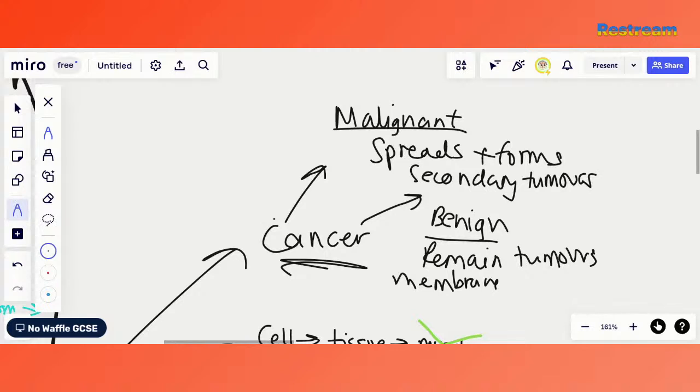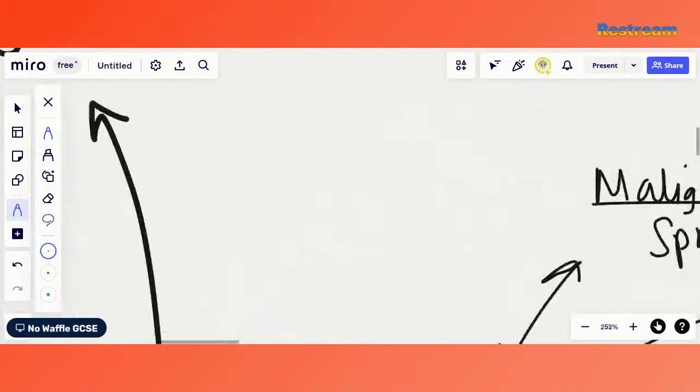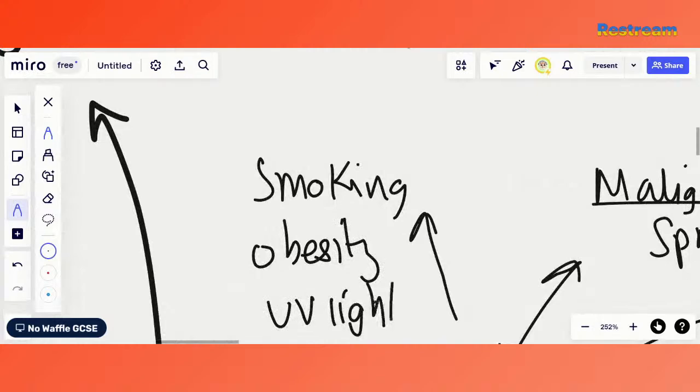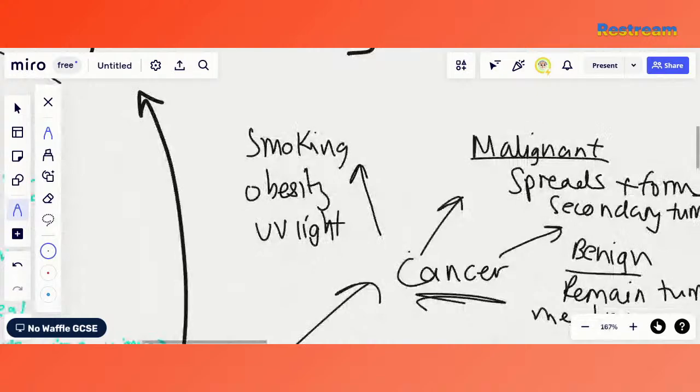Now, lifestyle risk factors for cancer include smoking, obesity, and UV light, which is light from the sun. And genetic risk factors, you can inherit genes which can increase the likelihood of you getting cancer.